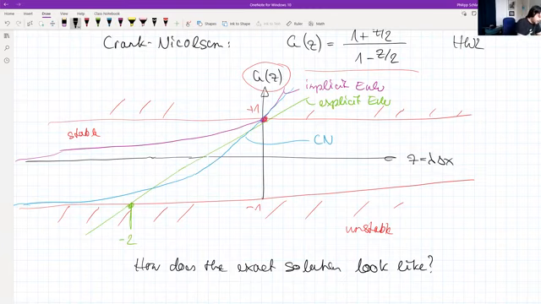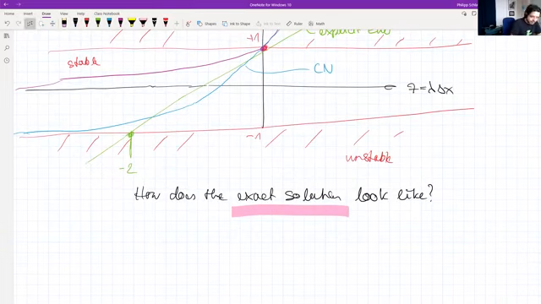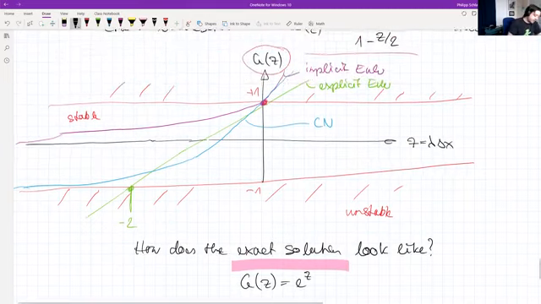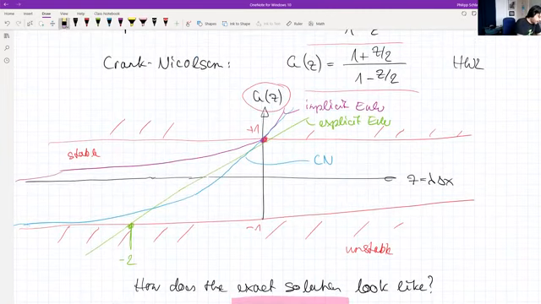This is the last thing that I would like to plot in here, with this pink color. The exact thing would be G of Z being e to the power of Z. That's the exact solution. And if I plot this, it would be something like this.